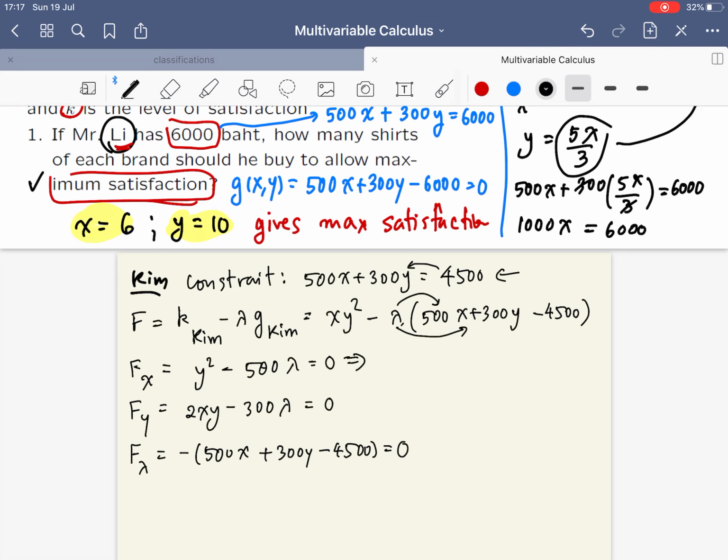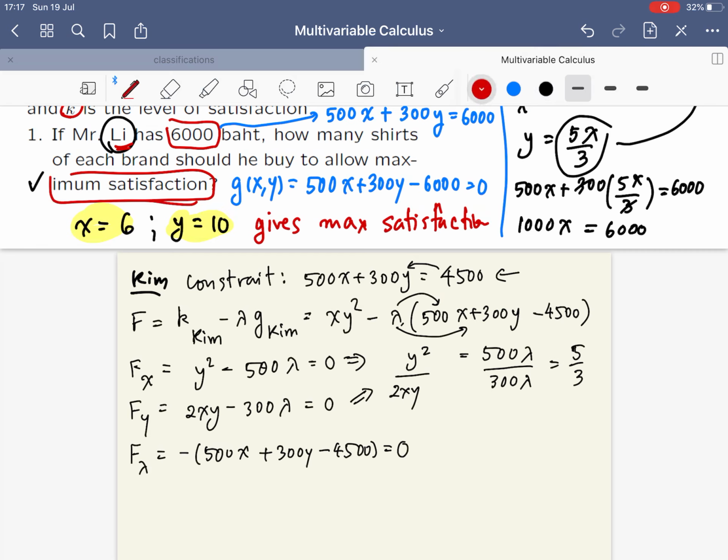So you may say that y squared equals 500 lambda, and then divided by 2xy, which equals 300 lambda. So all the lambda is gone, right?